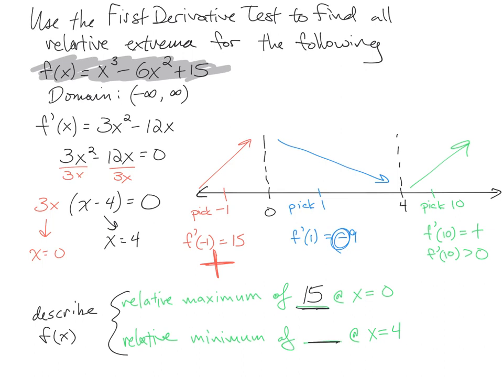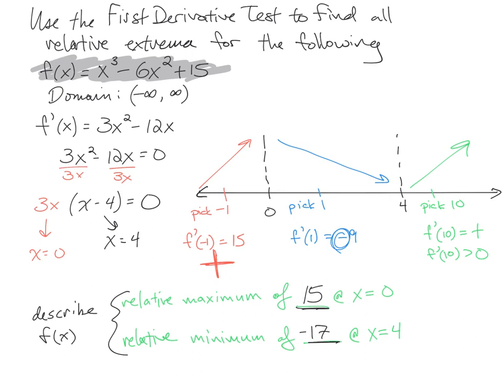If I take 4 and substitute it into the original function, because we're trying to find a max and min of the original function, I think you'll get negative 17. I just did a bunch of mental math, and hopefully that is correct.